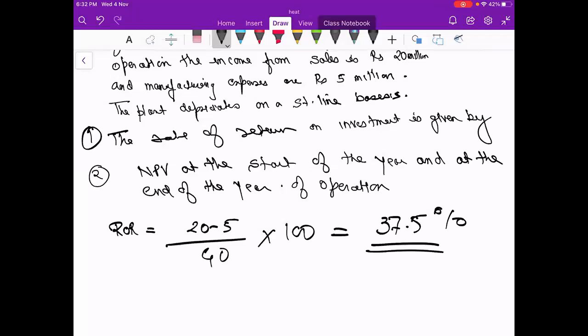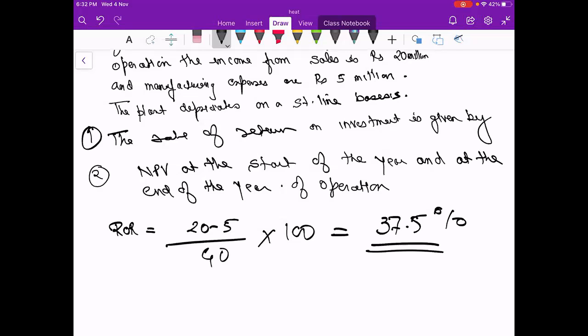So you can write this point in your notes. Until and unless it is specified in the question, you have to always calculate the profit before tax. If it is given in the question, then you have to calculate profit after tax.